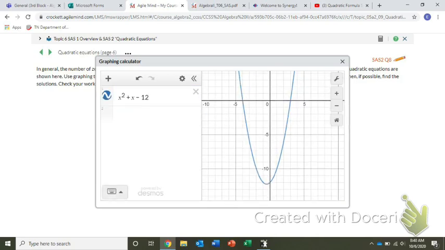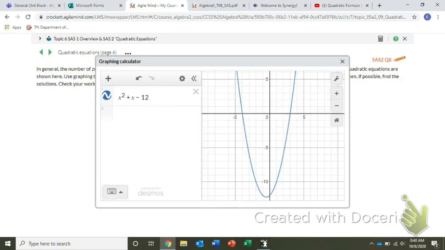Okay. Here's our graph. Okay, so on your paper, I want you to notice 3 things. We have a y-intercept of negative 12, hence why it has this negative 12 right here.